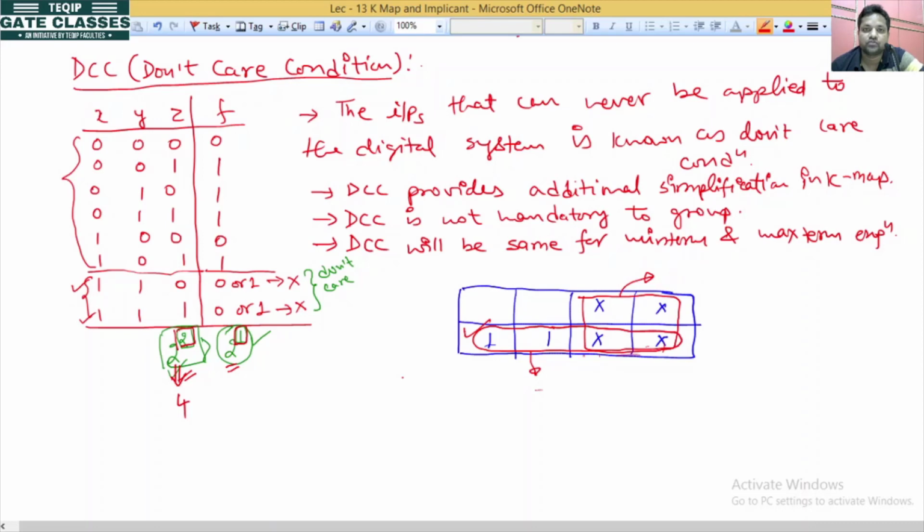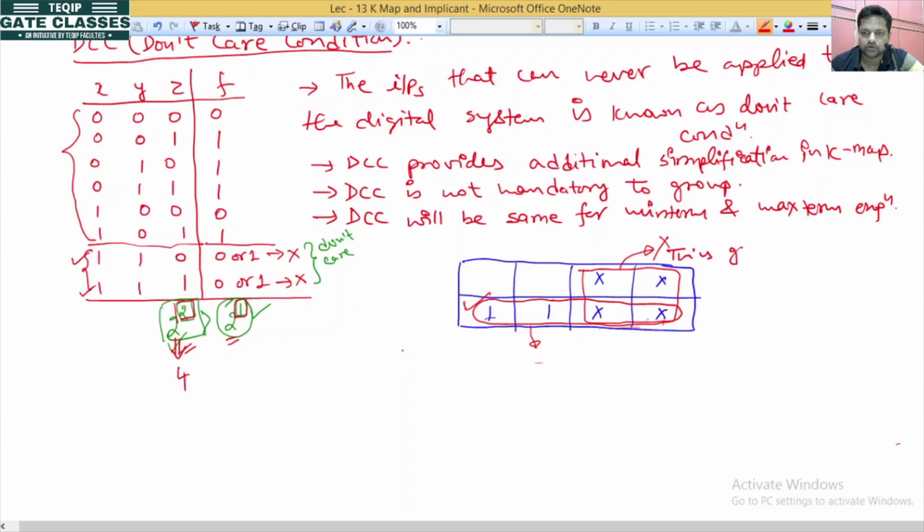So a total of 2 terms will come in the output, but it is not required. Why? Because in this grouping we don't have any cell with a one. So don't form such types of don't care groups. Only form the type of don't care group that will reduce our complexity and simplify our function more.